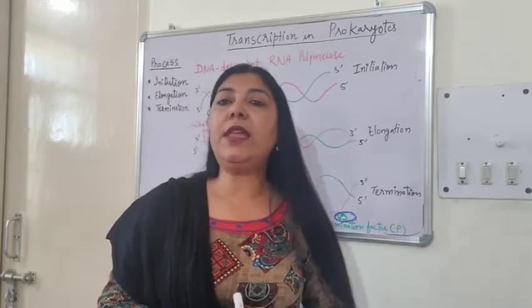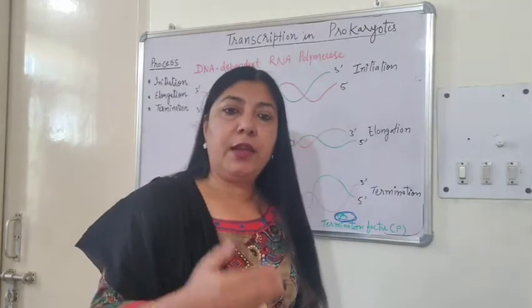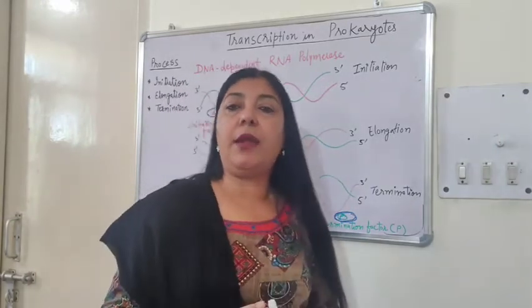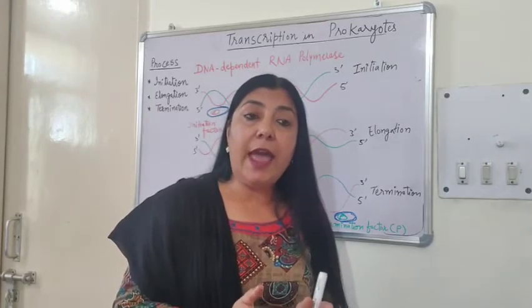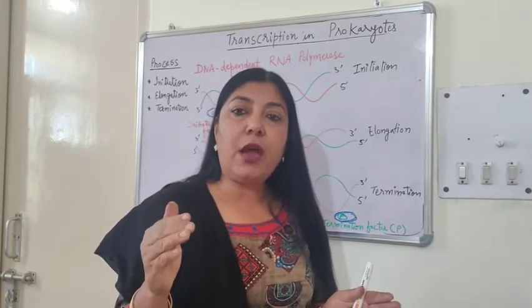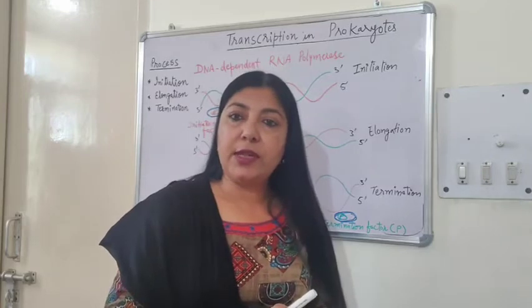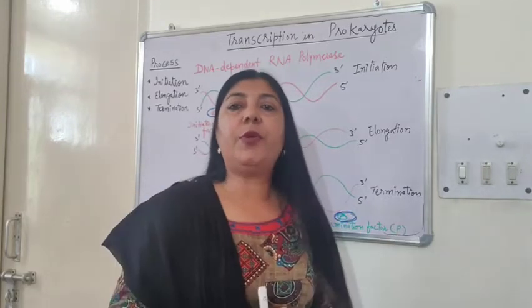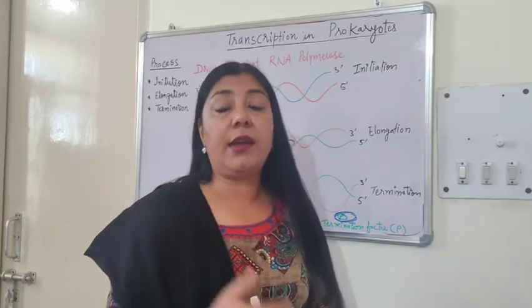Not only that, that structural gene which is present will produce an RNA which will have many units which are not meaningful. Or you can say the transcript which is produced is heterogeneous nuclear RNA.